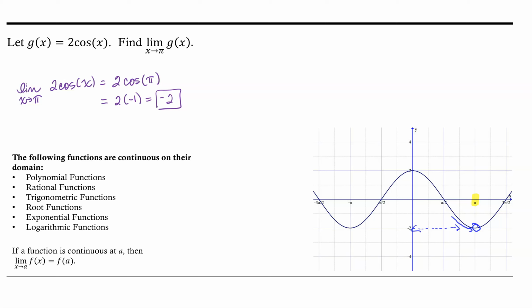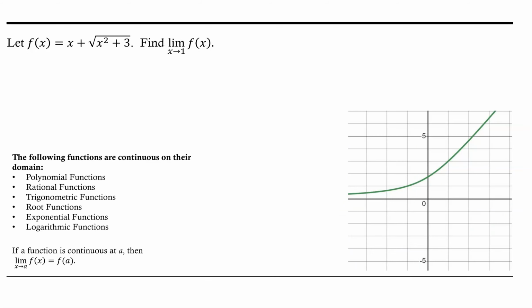Similarly, if we let x approach pi from the right-hand side, we can watch our y values as x gets closer and closer to pi, and we can see that they are in fact approaching -2. So we can verify that with our graph here.